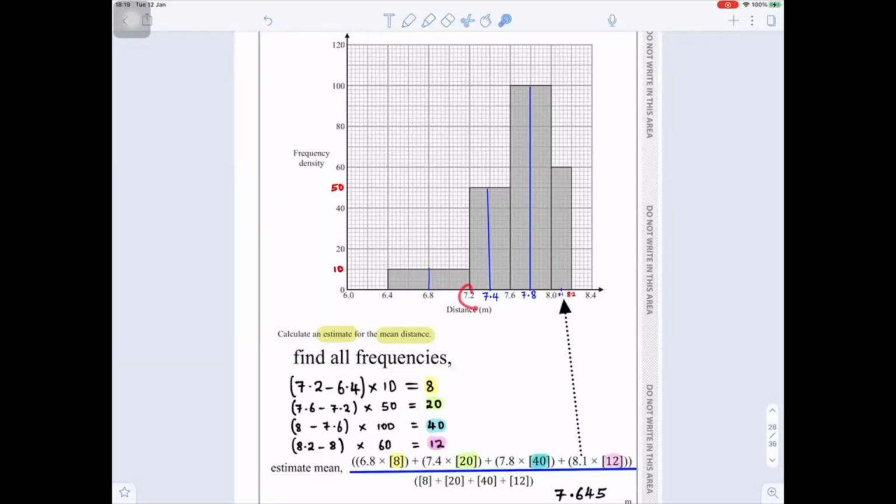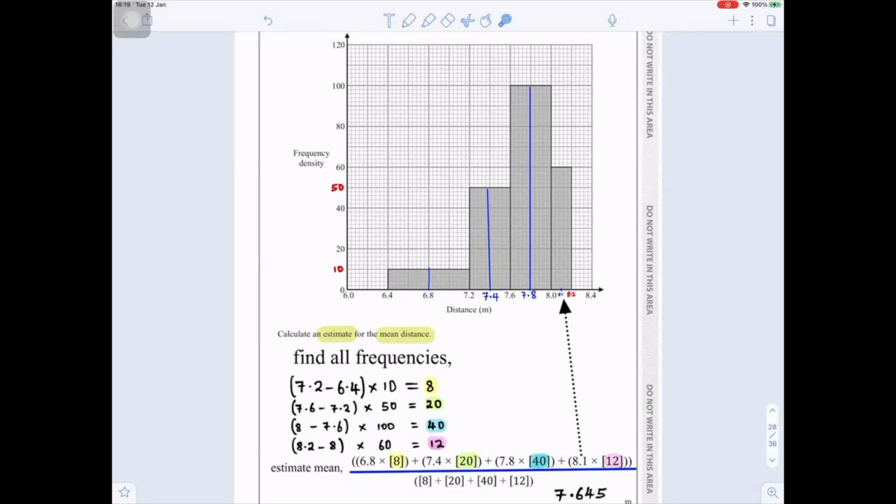So 7.2 minus 6.4 times 10, because that height there is 10. The frequency is the area of that rectangle, so the length times the width. The height is 10 and the width is 7.2 minus 6.4, and that gives us 8.